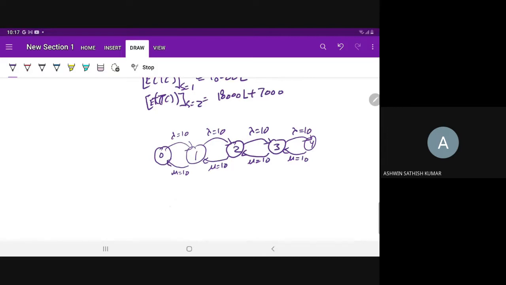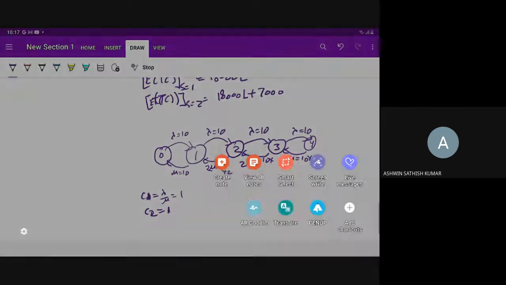So in this case, we have C0 is equal to 10 upon 10, lambda upon mu, that is 1. C1 is equal to 1. C2 is equal to 1 also, but here we have 2 mu, because we have the multi-server model.